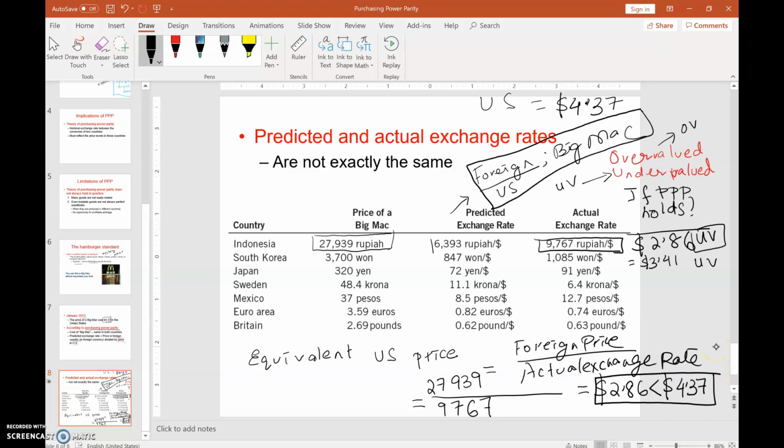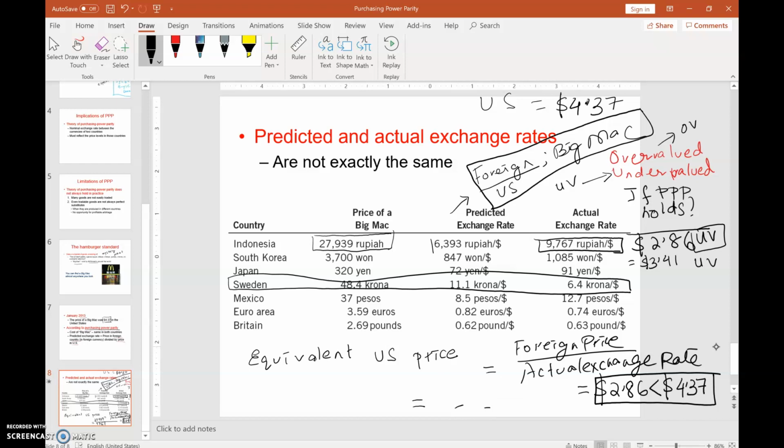Let's pick up another country here. I'm going to pick Sweden and try to see if it is overvalued or undervalued. The price is 48.4 krona.